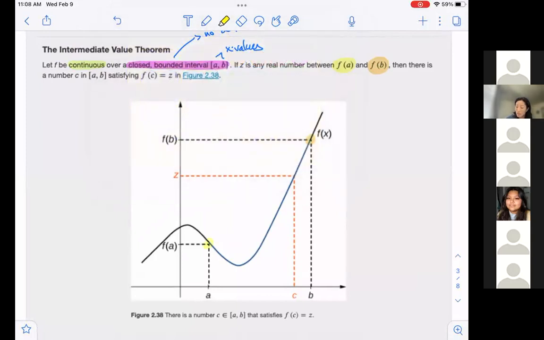It says if z is any real number, what kind of number is z? Is it an x number or a y number? I would say x or y. It's hard to tell, right? Because this has f of something.